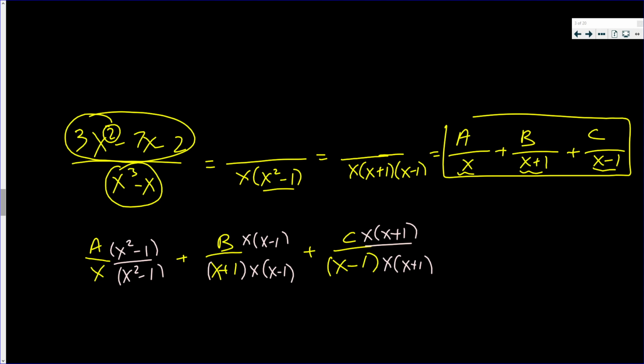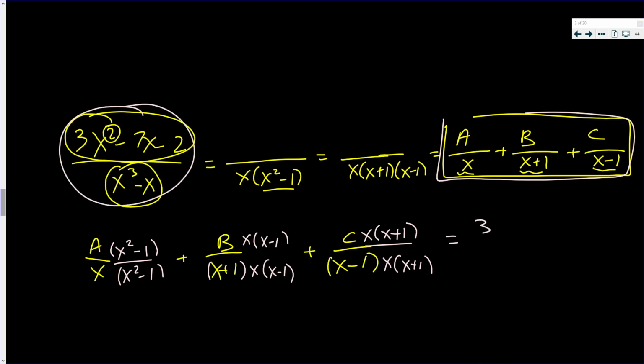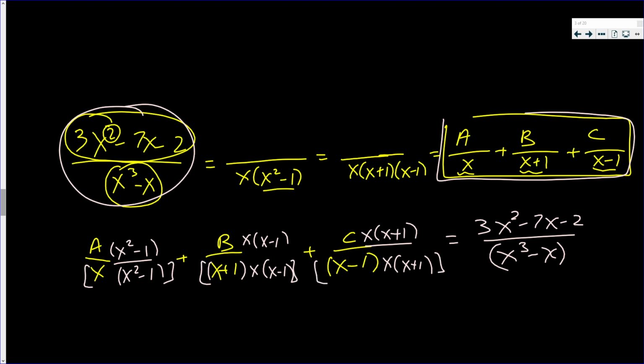Okay. Now, remember, this fraction, which I just wrote below, is supposed to equal 3x squared minus 7x minus 2 over x cubed minus x. Remember, these denominators, if you multiply them out, are x cubed minus x.